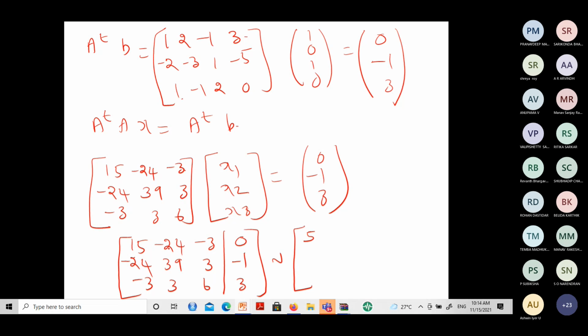First row by 3, 5 minus 8 minus 1 0. Entire row here also you have to do. Second row also by 3, so minus 8 13 1 minus 1 by 3. Third row by 3.